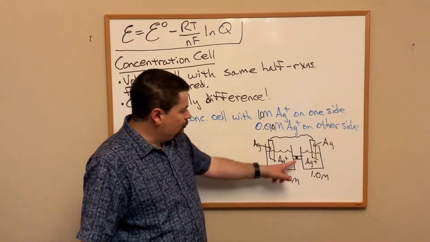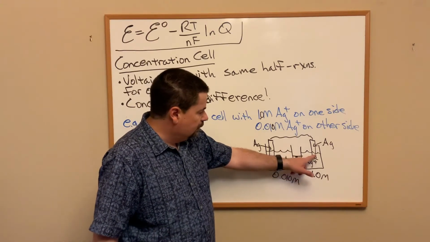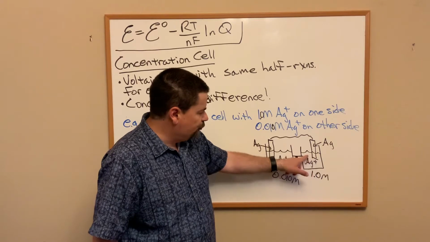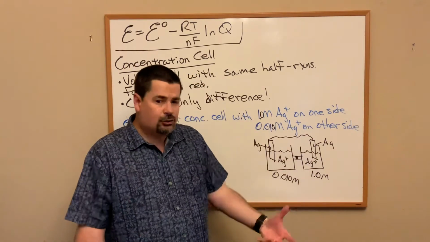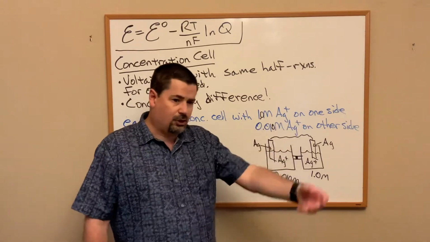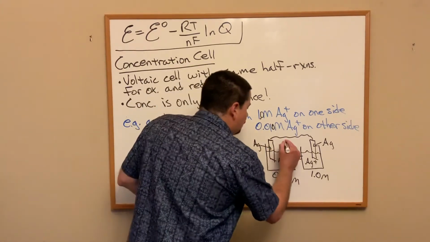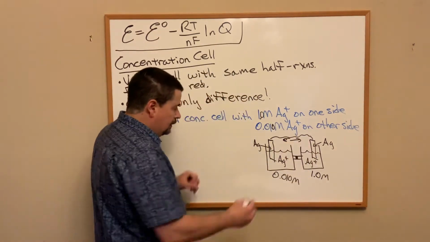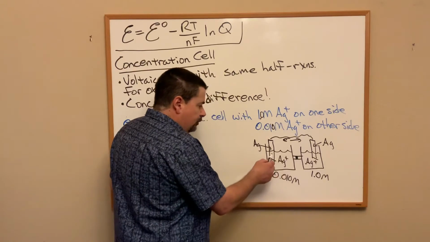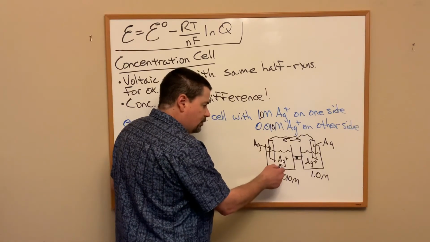So what that means is that silver ions here will start sticking to the silver strip, but they need electrons to go from silver plus to just solid silver. And those come from over here. So our electrons are flowing that way. And as the electrons leave the silver strip here on the left, we get more silver plus ions.